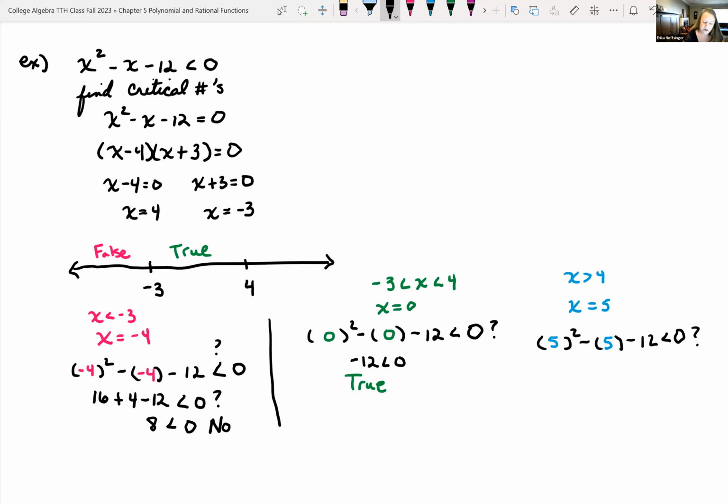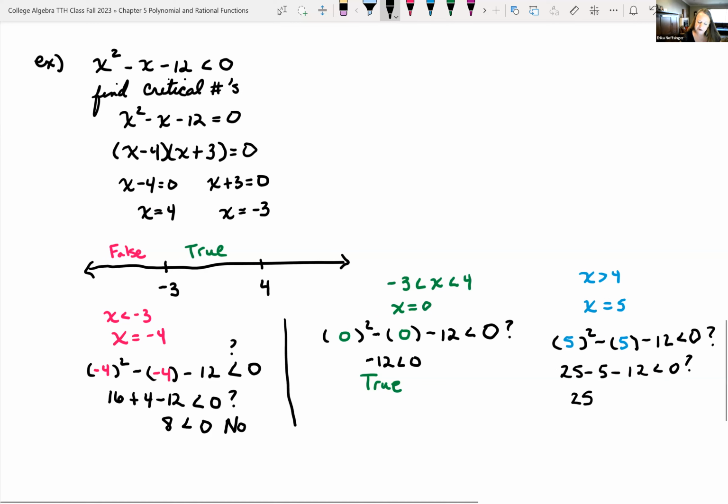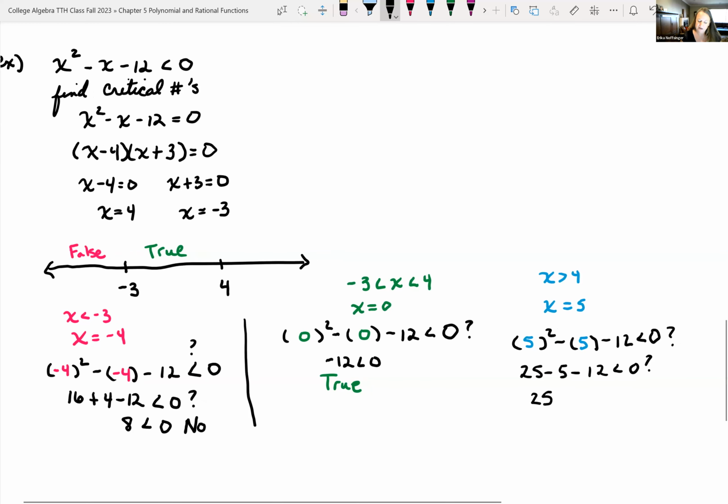So I have 5 squared is 25. 25 minus 5 minus 12, is that less than 0? Combining my negative numbers, -5 minus 12 is -17. So I have 25 minus 17. Is that less than 0? No, that's 8. 8 is not less than 0. This is a false statement.